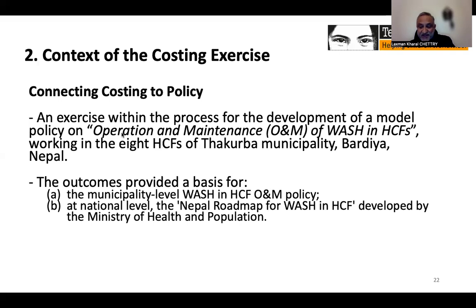Operation and maintenance of WASH facilities in the 8 healthcare facilities of the Thakurbaba municipality was aimed at advancing WASH in healthcare facilities by enhancing WASH coverage and quality of WASH services. But in addition to contributing to the development of this operation and maintenance policy for the Thakurbaba municipality, the results from this costing exercise were also found to be useful in the Nepal roadmap for WASH in healthcare facilities that was being developed by the Ministry of Health and Population of Nepal.